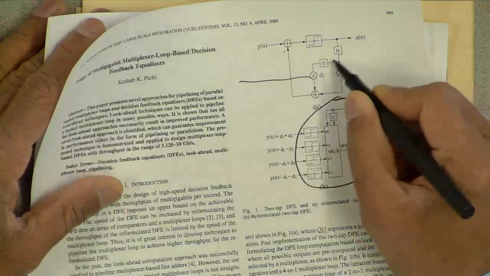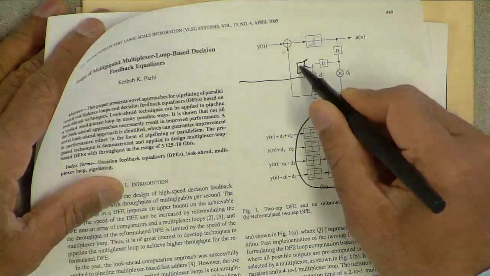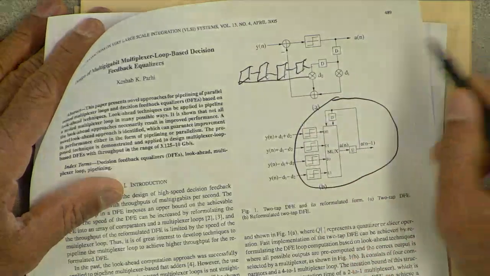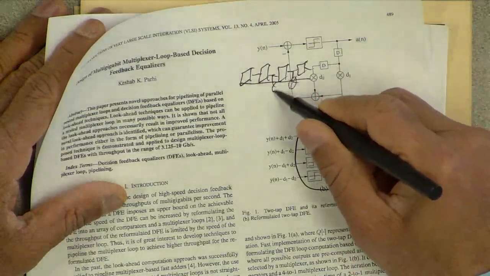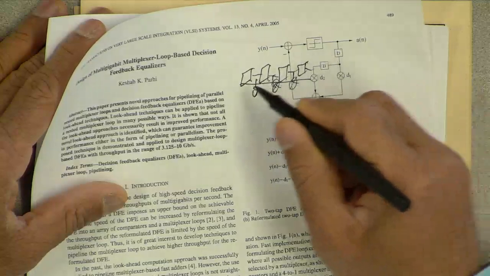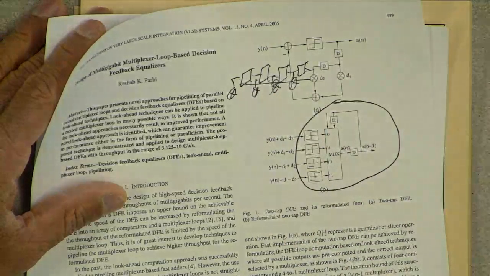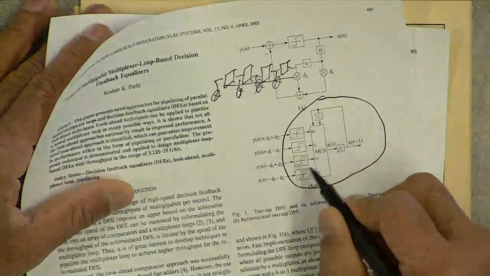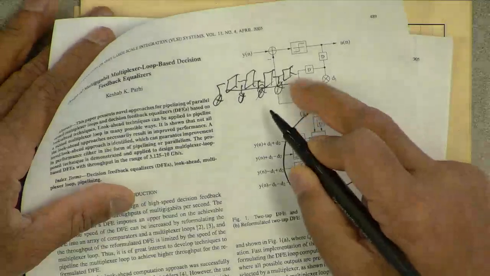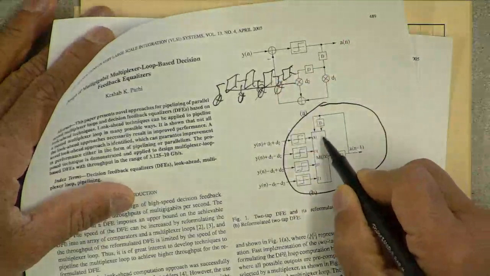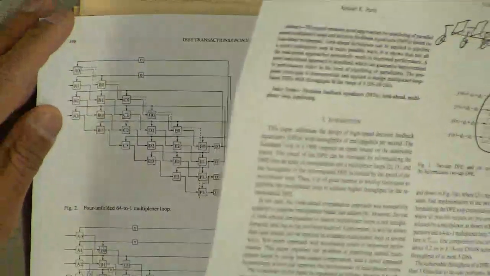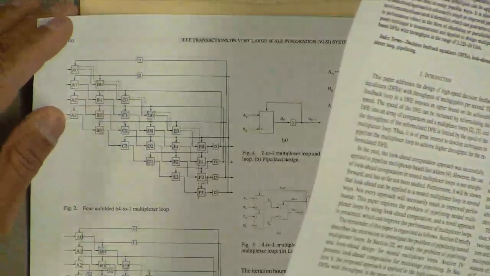So this 1, 2, 3, 4, 5, 6. And then there are these coefficients. Okay, so we can then say, we can reduce that long critical path to this 64 to 1 multiplexer loop.